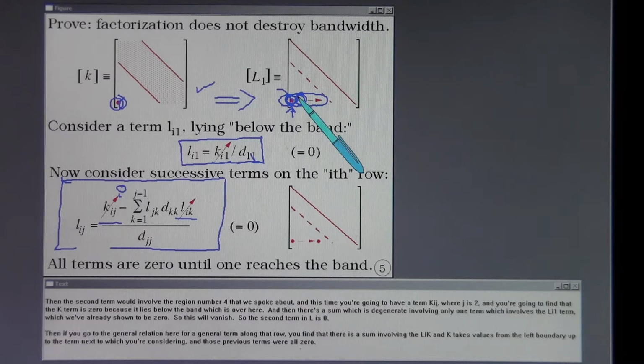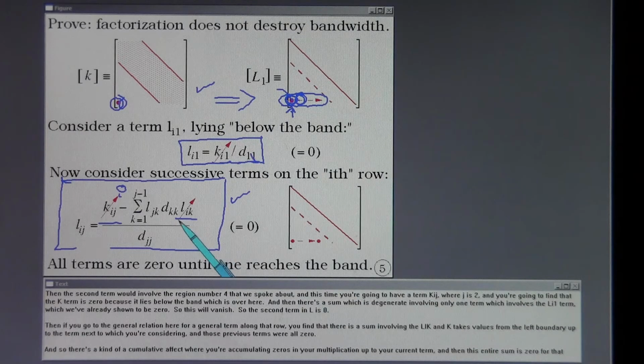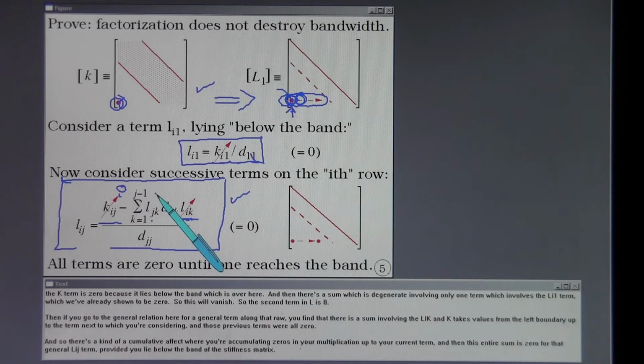Then if you go to the general relation here for a general term along that row, you find that there is a sum involving the Lik, and k takes values from the left boundary up to the term next to which you're considering, and those previous terms were all 0.